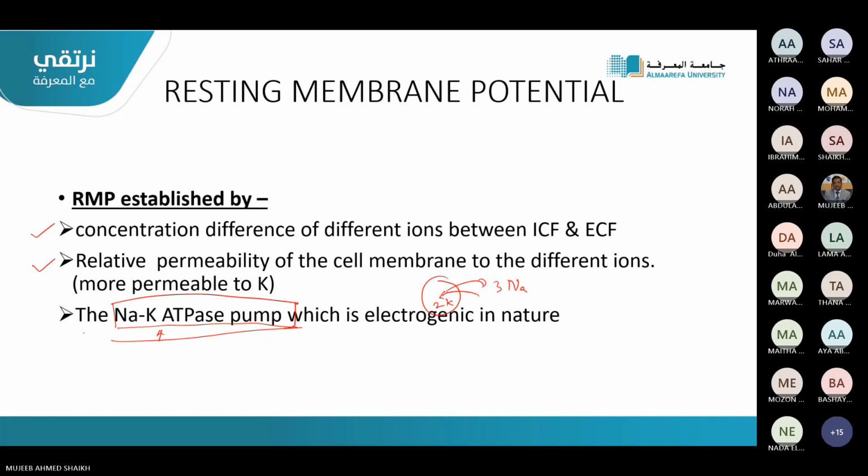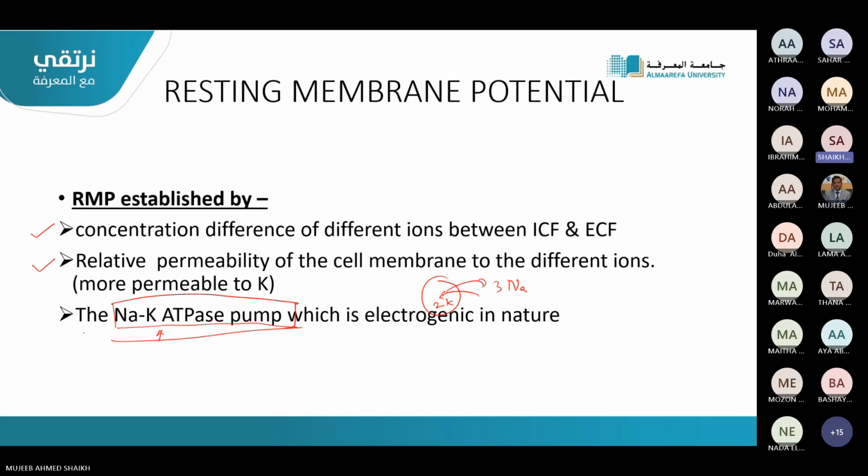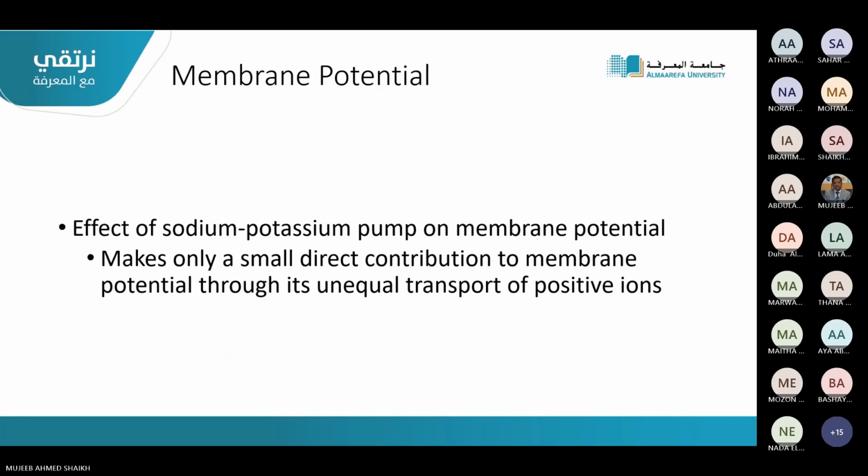Got it? The sodium potassium pump is the most important for establishing resting membrane potential. Although it is making a small direct contribution, it is most important.